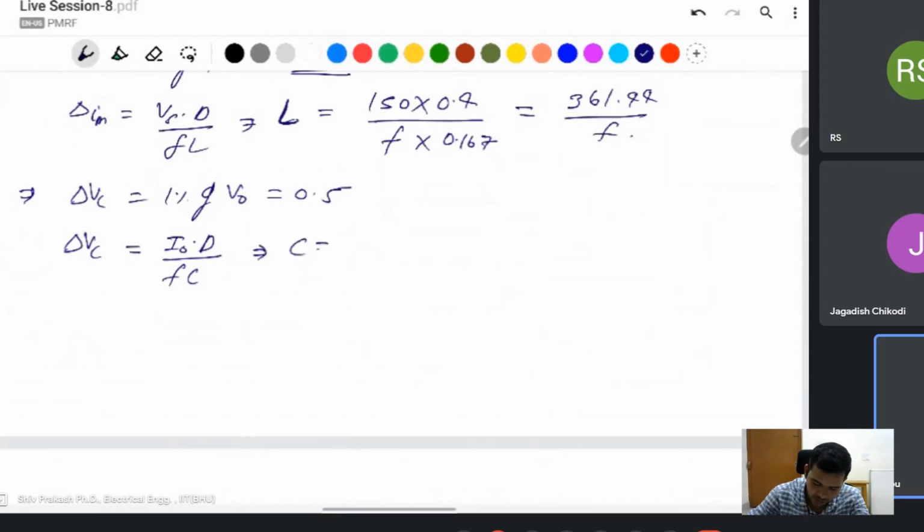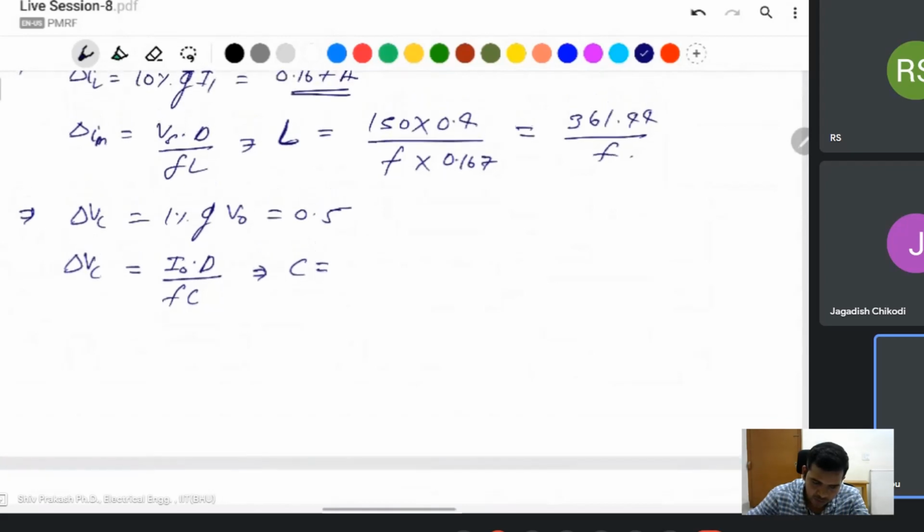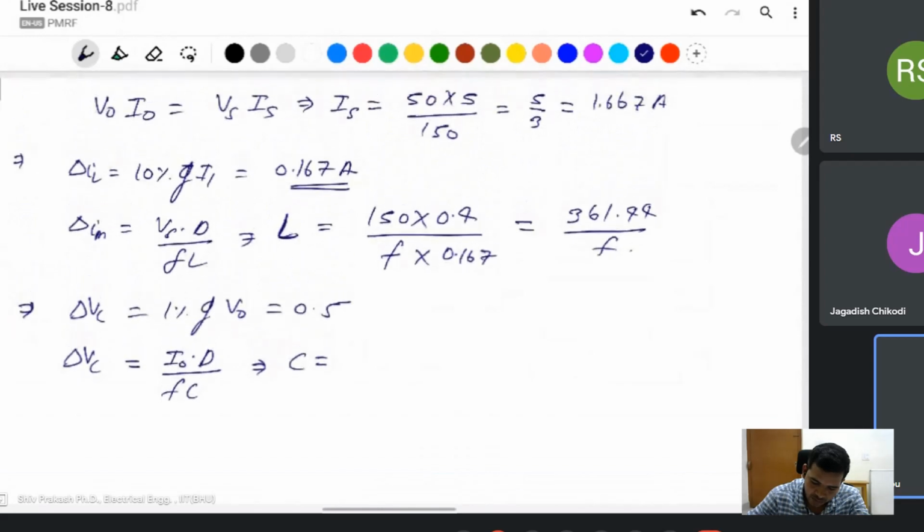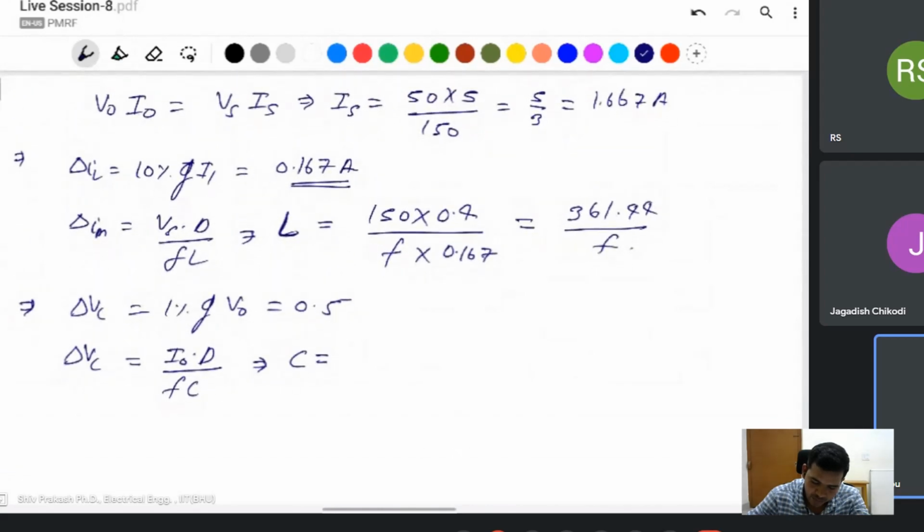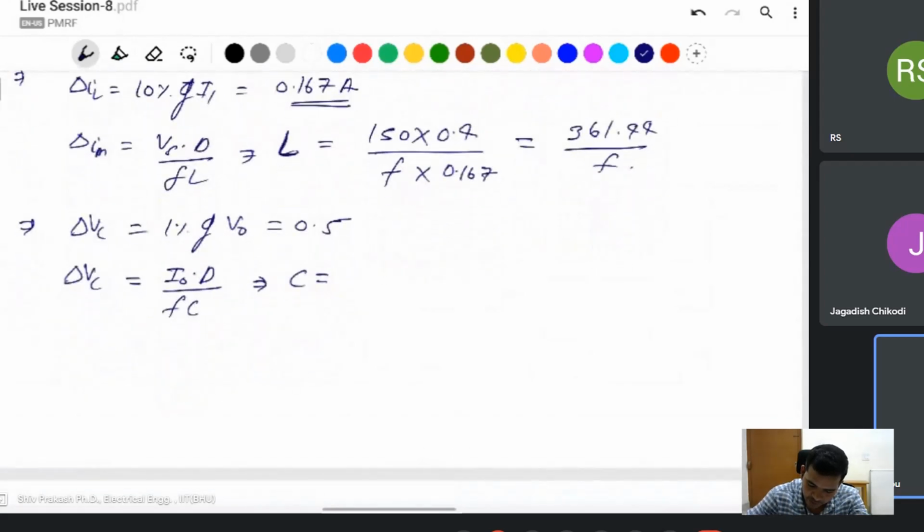You can calculate the C value: I naught is 5 ampere into D is 0.4 divided by F frequency into delta Vc 0.5.